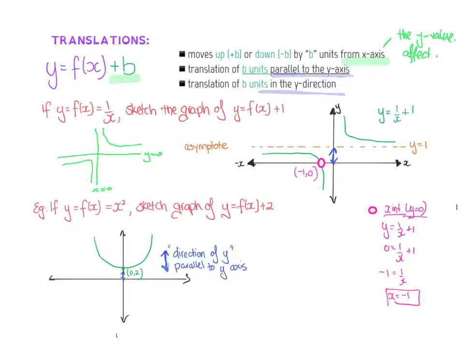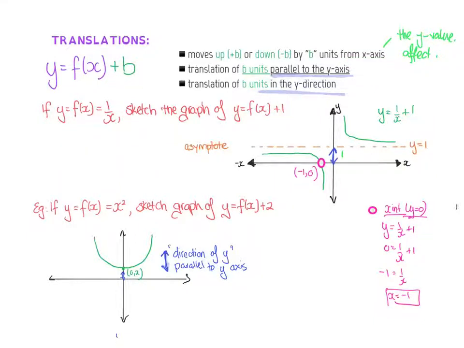But if we translate it and we see this 1 plus 1 over x, we actually see movement of it going up and down, parallel to the y-axis or in the y direction, because in the blue arrow here we see that it's moved up the asymptote, so it's translated is what we say. But if you had a look at a point, you can see that it's just the y value that is affected by that.